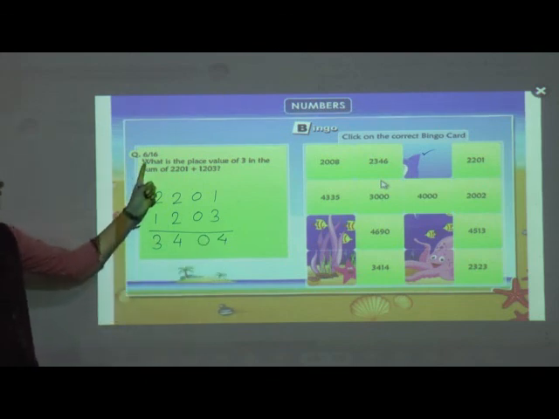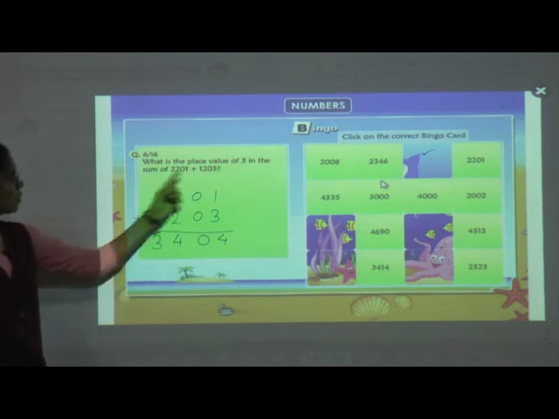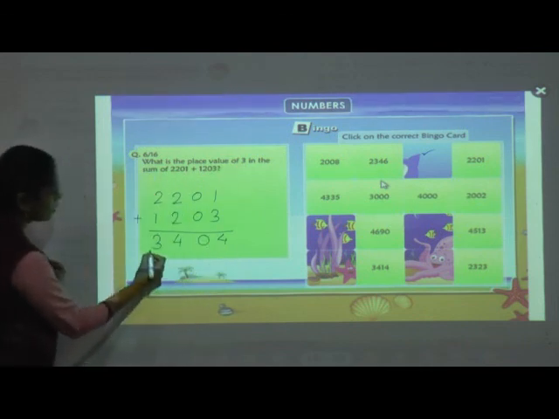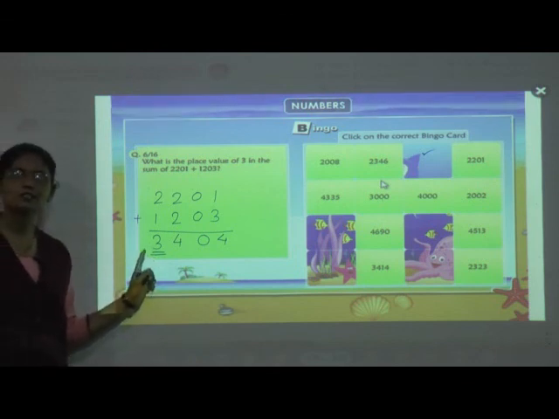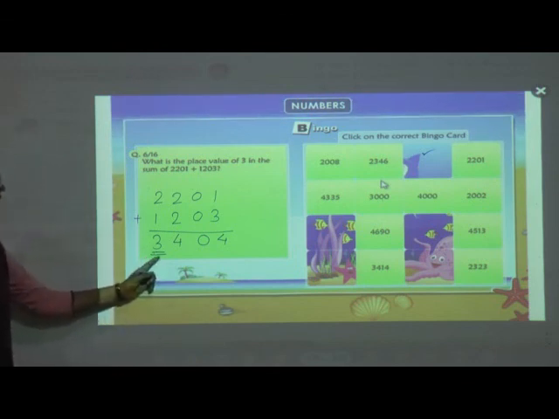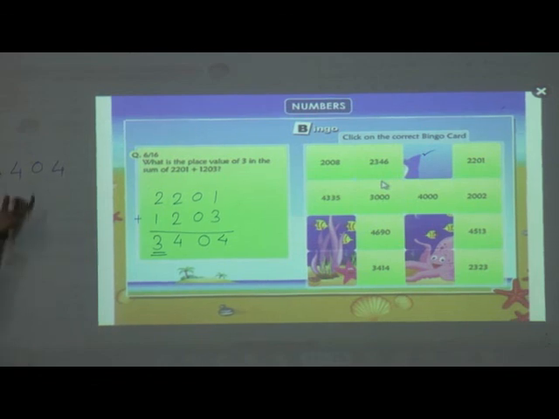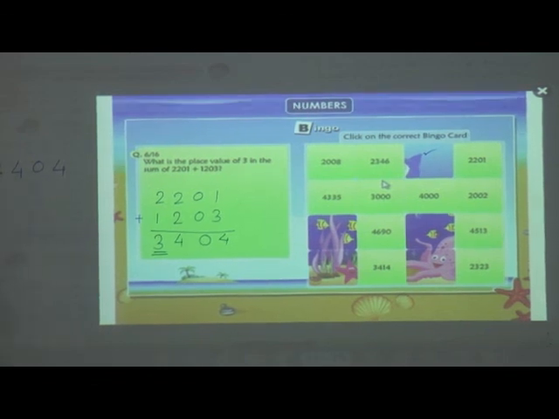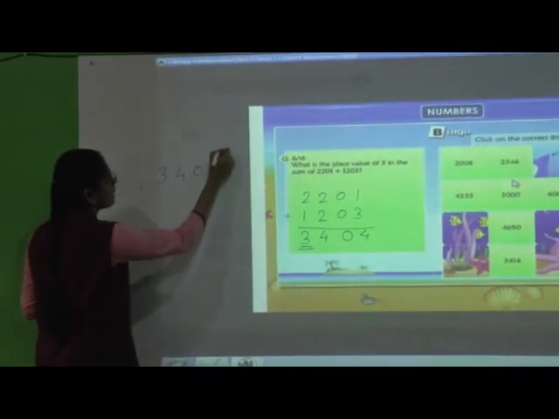Now our question is, what is the place value of 3 in the sum, means in this number we have to find out the place value of this 3. So for that I will write the same number here. Just look at the board. Now in the previous session I told you, whenever you see a number, at that time we write its places.